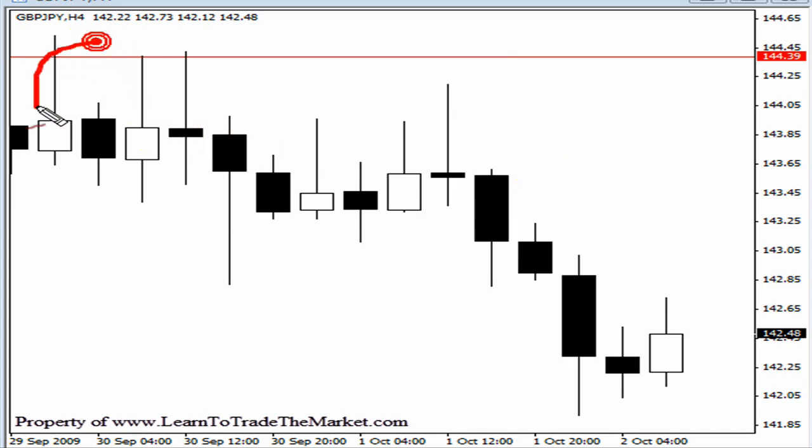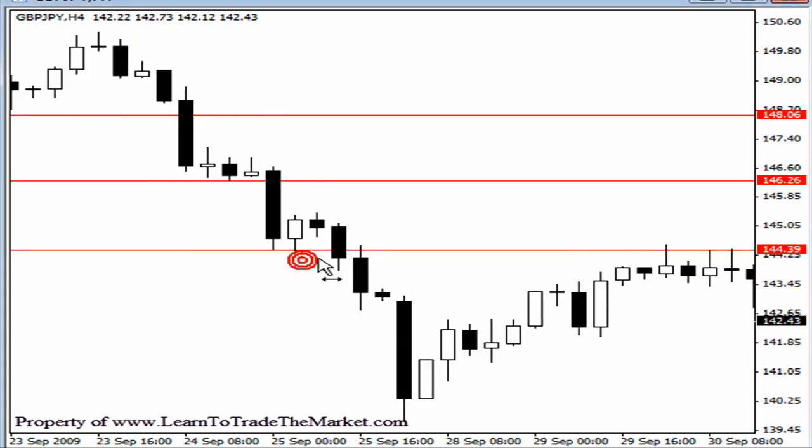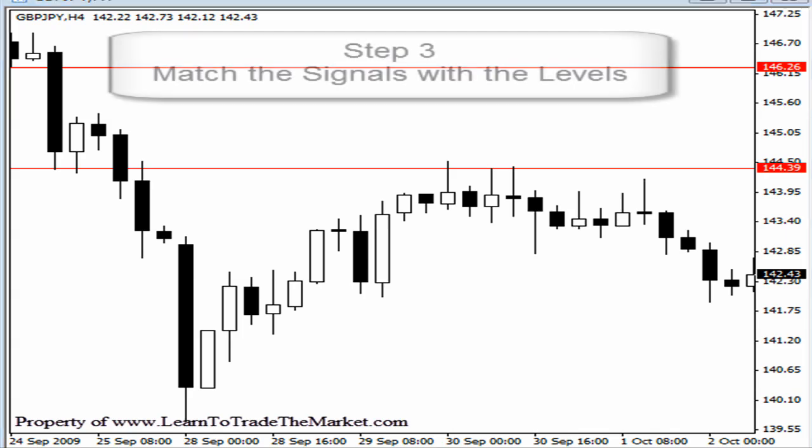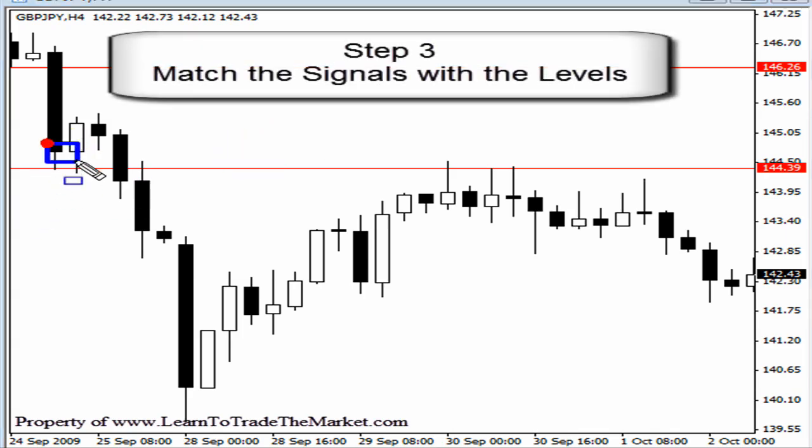So somewhere in here is where most traders would have been shorting. And if we zoom out again, you'll notice very obvious price rejection which occurred very close to that previous swing point. So there's that swing point there, and again there's that first signal.